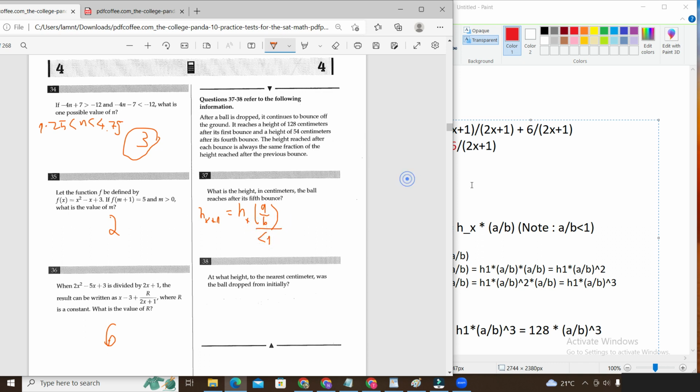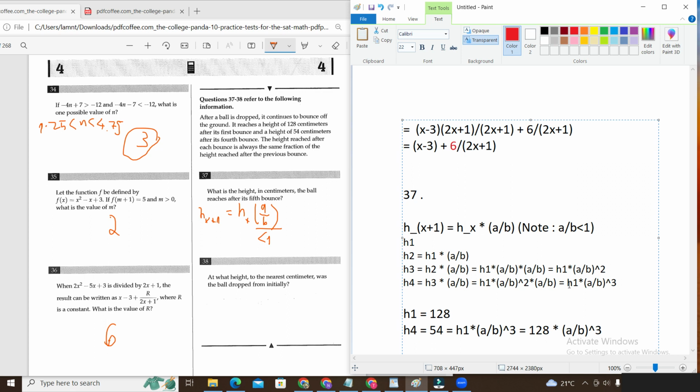Okay, so 37, what do they ask? What is the height, in centimeters, the ball reaches after its fifth bounce?